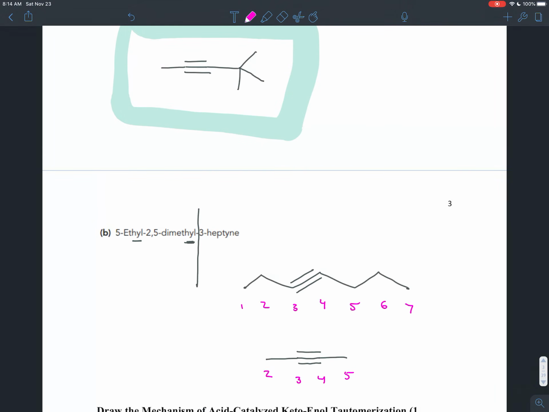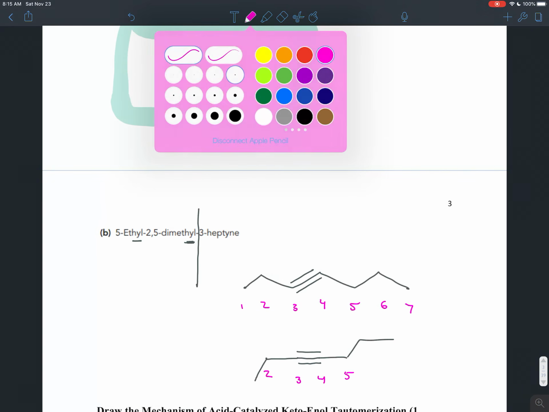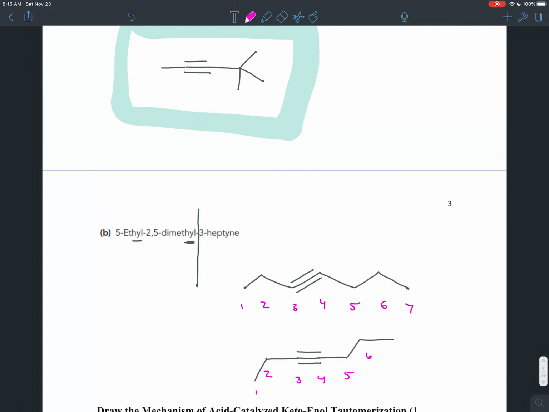And from there we can just zigzag. So we still need 1, and then here, 5, 6, 7. And you could have had the zigzag in any direction. I just did it that way. So that fills in the rest of the molecule.